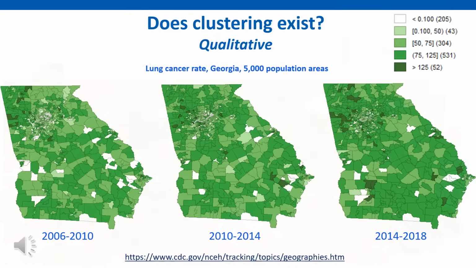This choropleth map shows lung cancer rates in Georgia by the 5,000 population areas that the CDC Environmental Public Health Tracking Program created to increase population counts within small geographies. If interested in learning more about that, the link is provided below. It shows the differences in rates over 5-year periods, although some of the years of data overlap. This map helps to show where rates may have increased or decreased over the 15-year period.